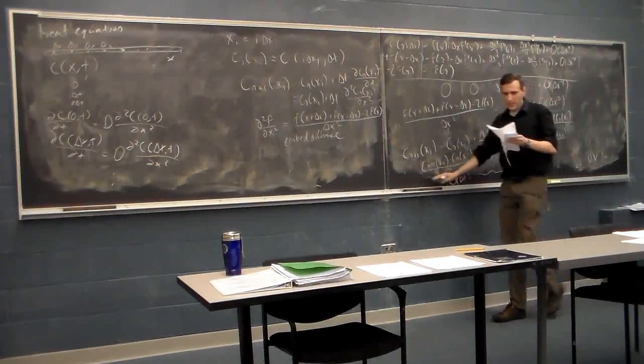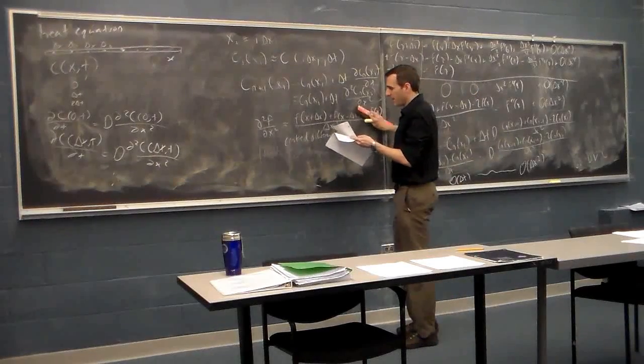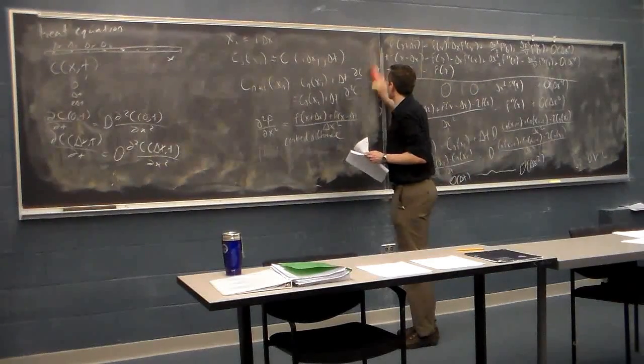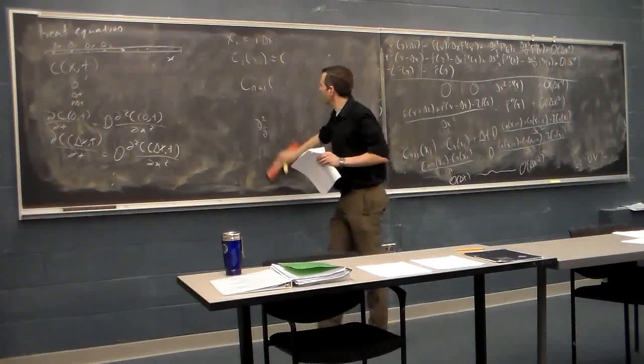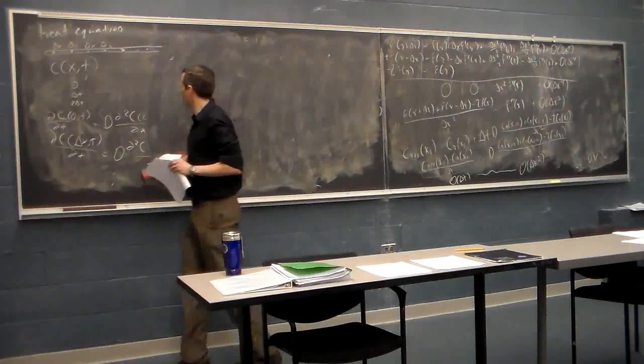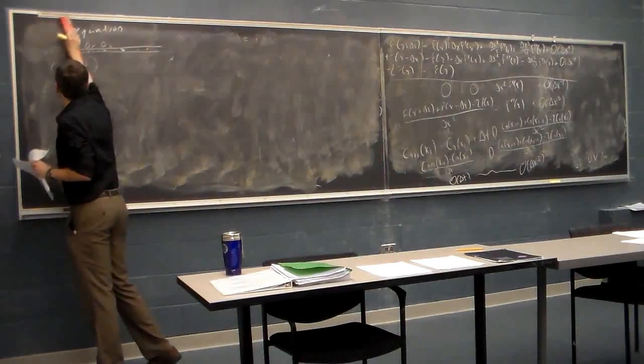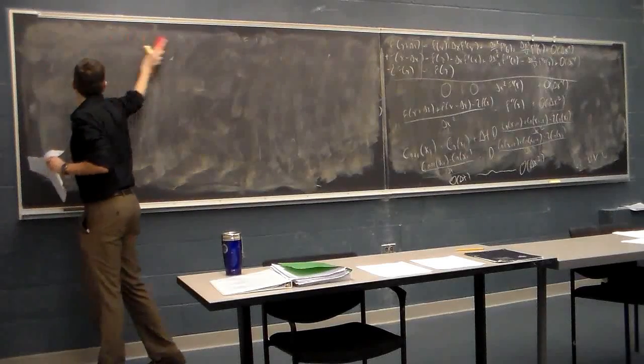All right, so we can do something like this and pretty much combine whatever kinds of temporal and spatial approximations we want to come up with different schemes for numerical integration.